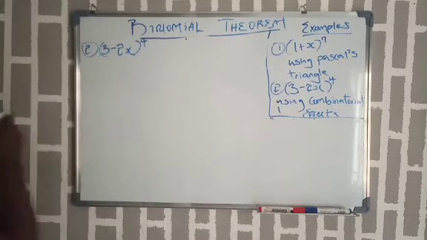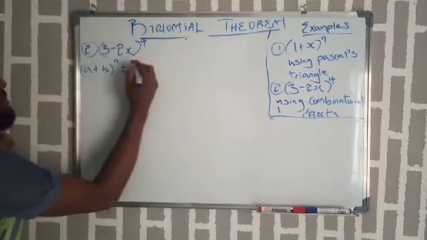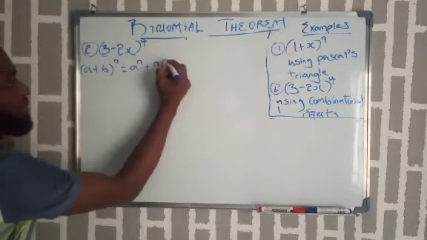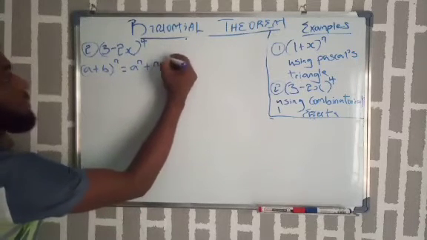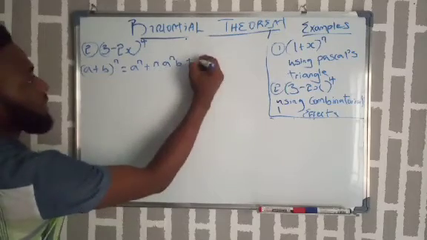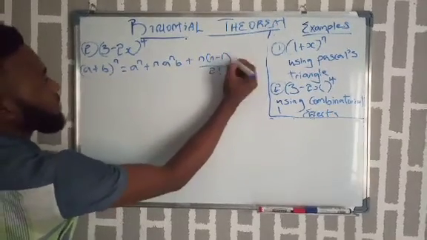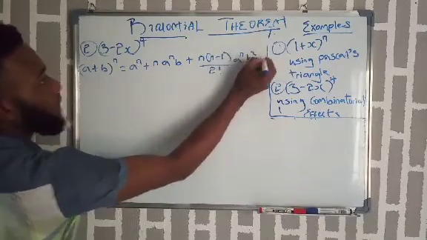So there's no need of writing this. Write (a plus b) raised to the power n is equal to a raised to the power n plus n into a to the n minus 1 times b, plus n into n minus 1 over 2 factorial, then a to the n minus 2 times b squared, and so on and so forth.